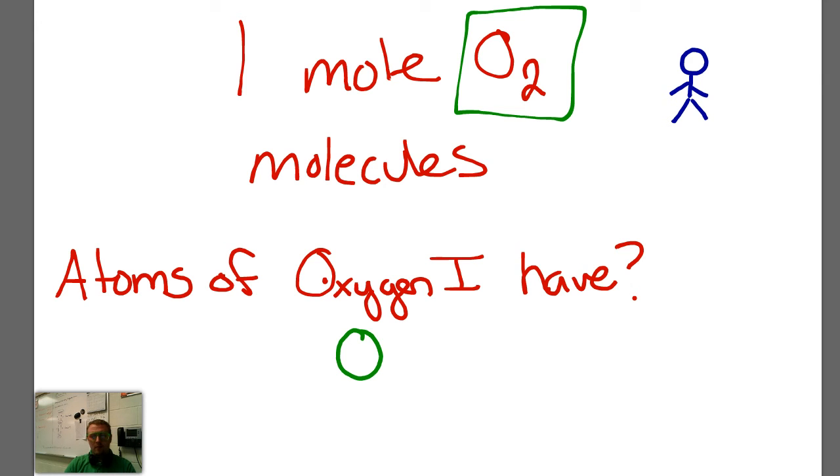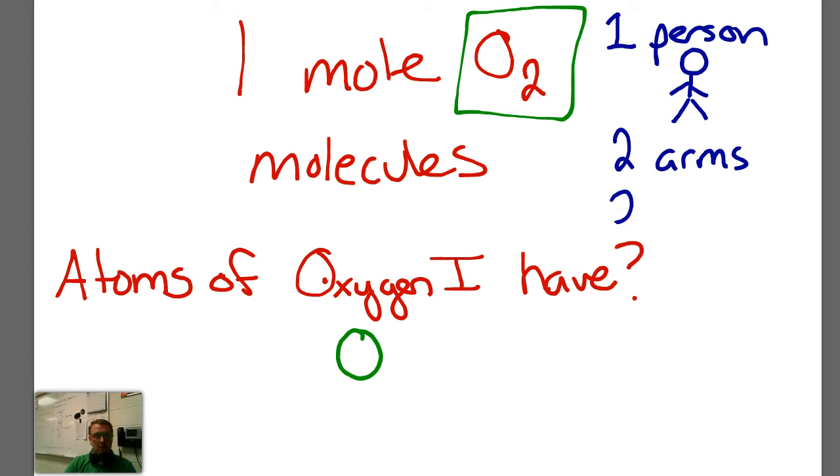Now, let's say that I have 1 person. On this person, I have 2 arms, 2 legs. Notice the numbers are different, 1, 2, 2. But I'm talking about something different here.